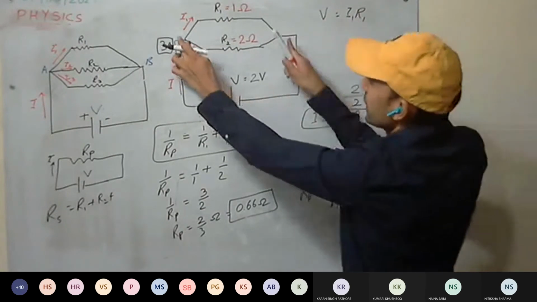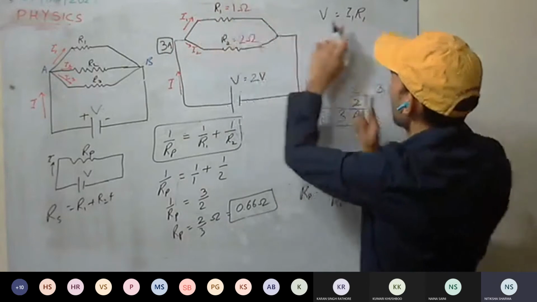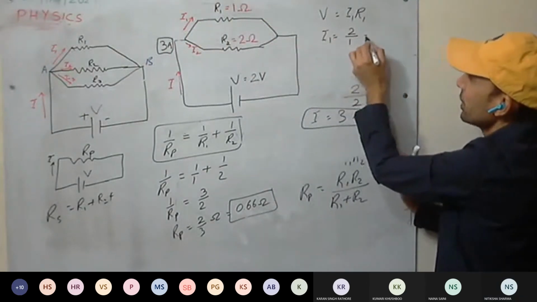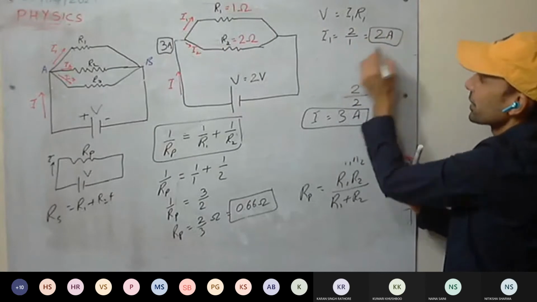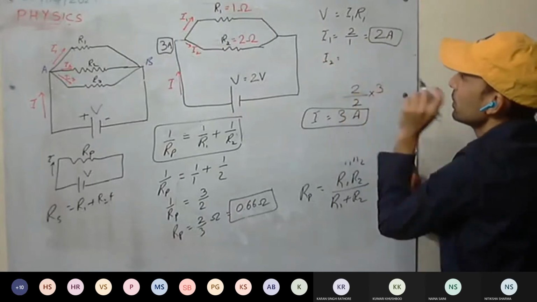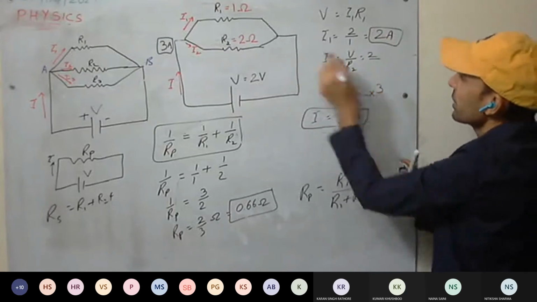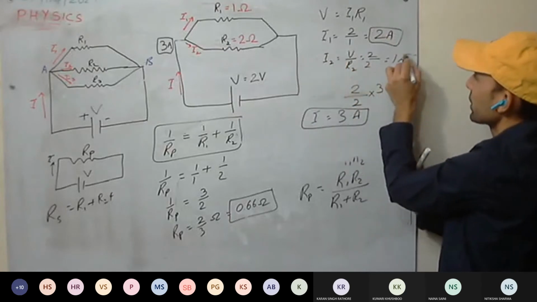Yes or no? This is V equal to I1 R1. I1 equal to 2 by 1, which is 2 amperes. I2 equal to V by R2, 2 by 2 ohm, that is 1 ampere.